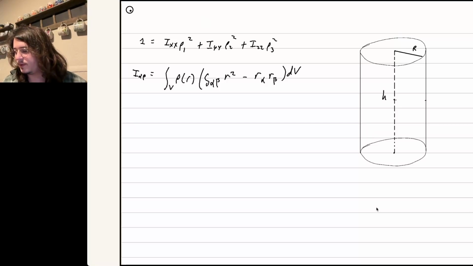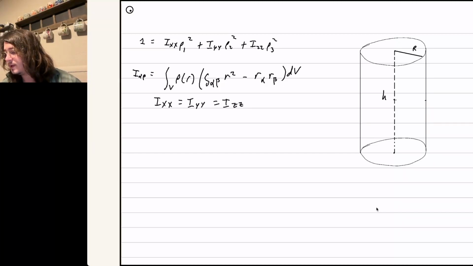is that equation there. So what does it mean by making it a sphere? Well, you want it so that Ixx is equal to Iyy is equal to Izz, and then the ellipsoid equation is a sphere equation.